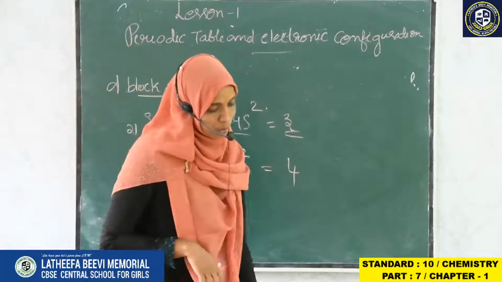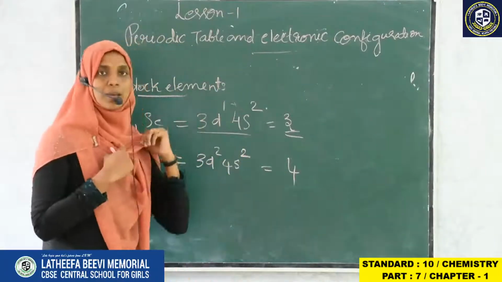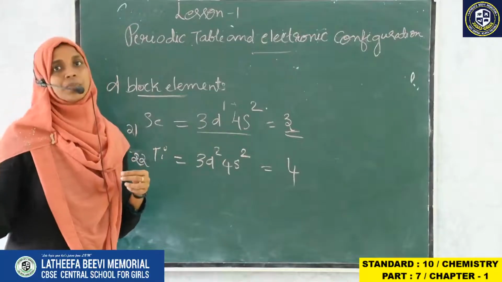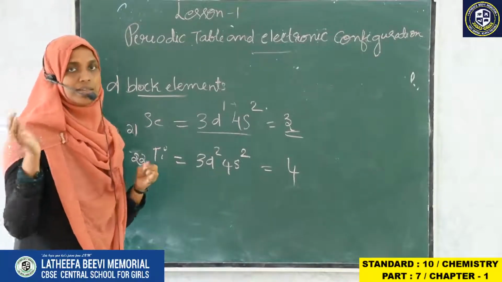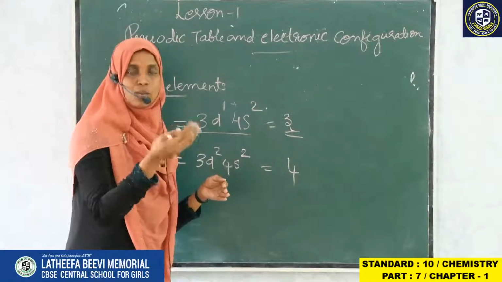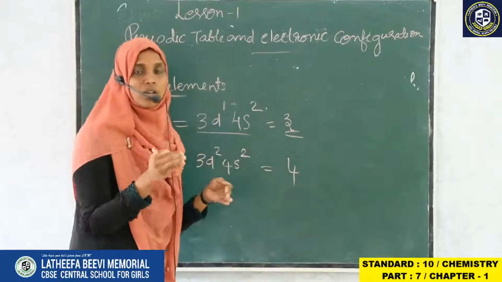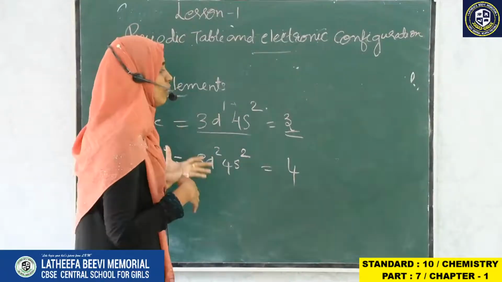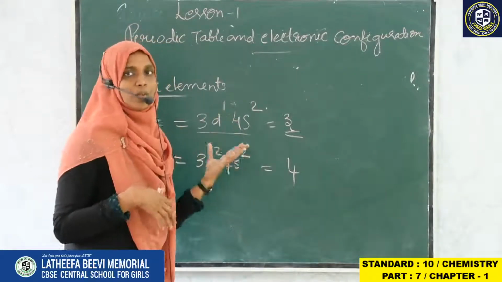The group number will be the same as the number of electrons in the S subshell plus the number of electrons in the D subshell. The D subshell is the penultimate shell, the one before the S, and we calculate its number of electrons too.